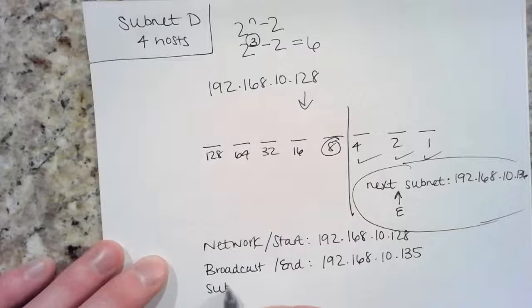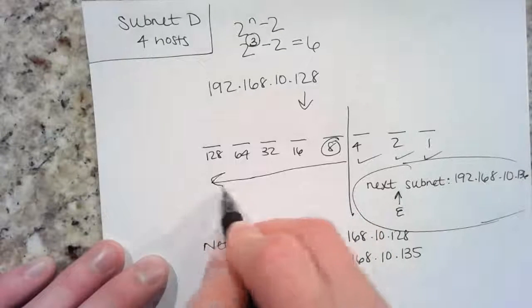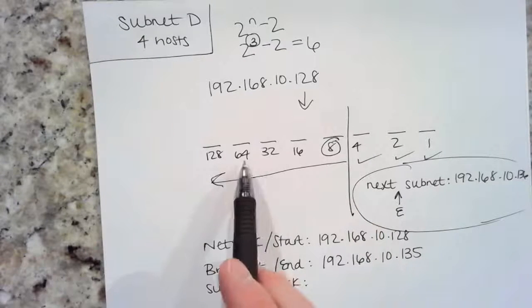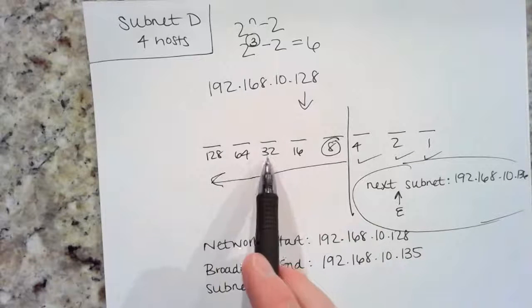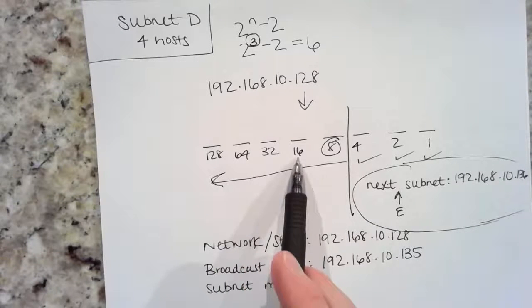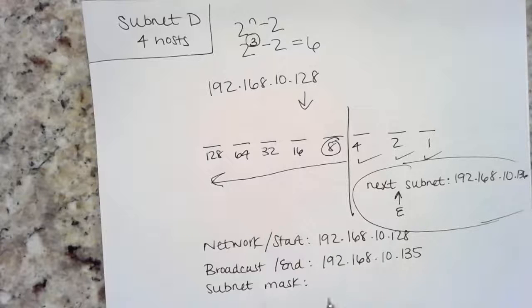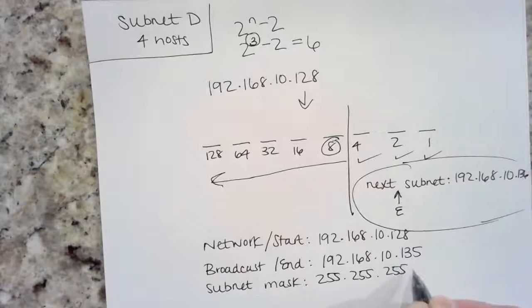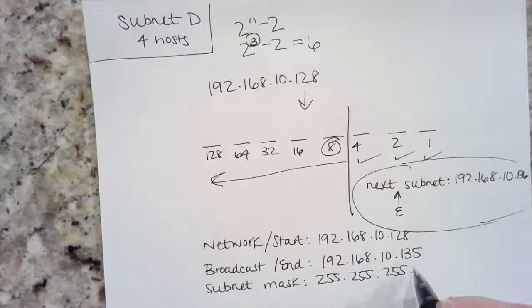And then our subnet mask is add all the numbers to the left of that line. So 128 plus 64 is 192, plus 32 is 224, plus 16 is 240, plus 8 is 248. So we put all 255s in the octets we are not subnetting.